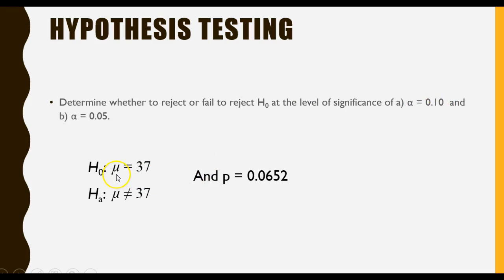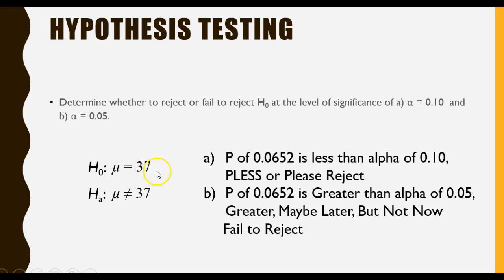My null is that the population mean is equal to 37. My p-value is 0.062. Remember, if p is less, please reject the null. So in this case, for a level of significance of 0.10, we're going to reject the null.